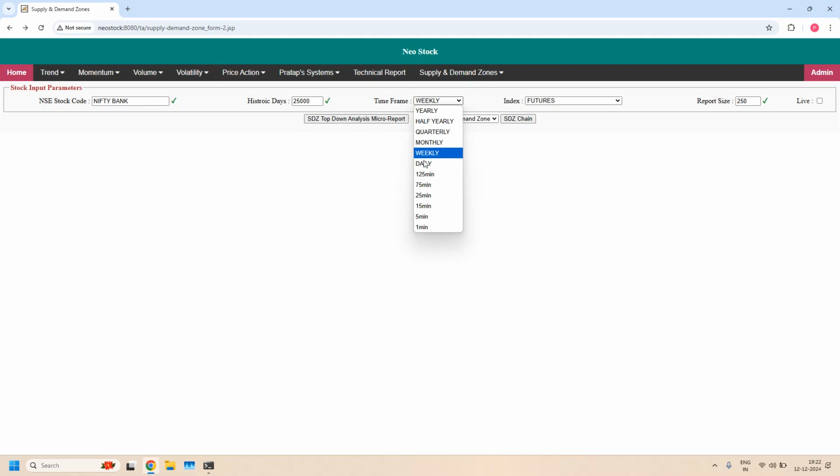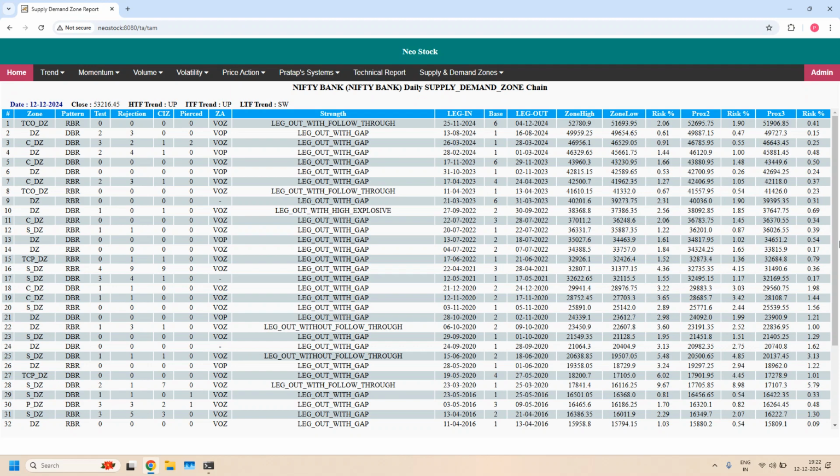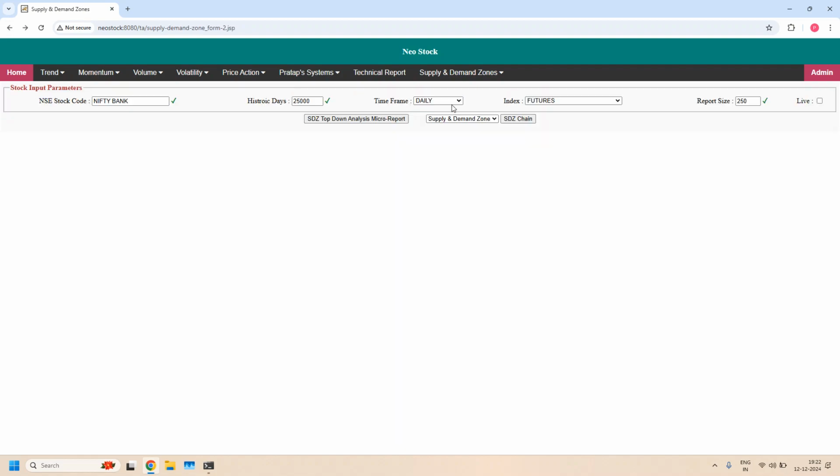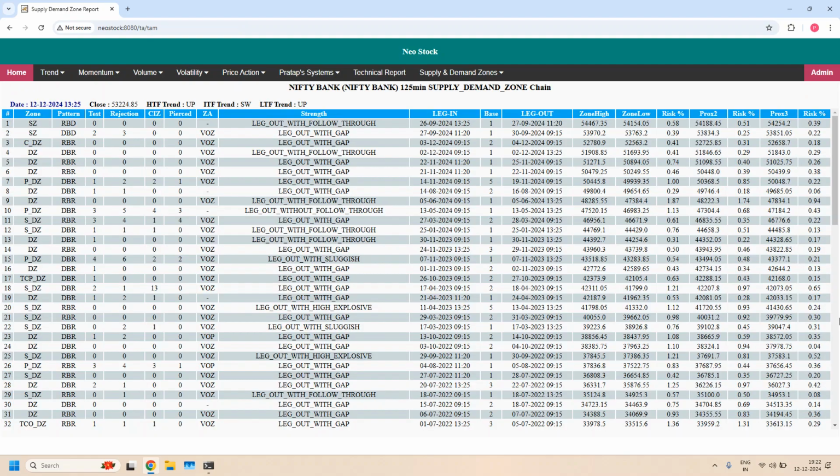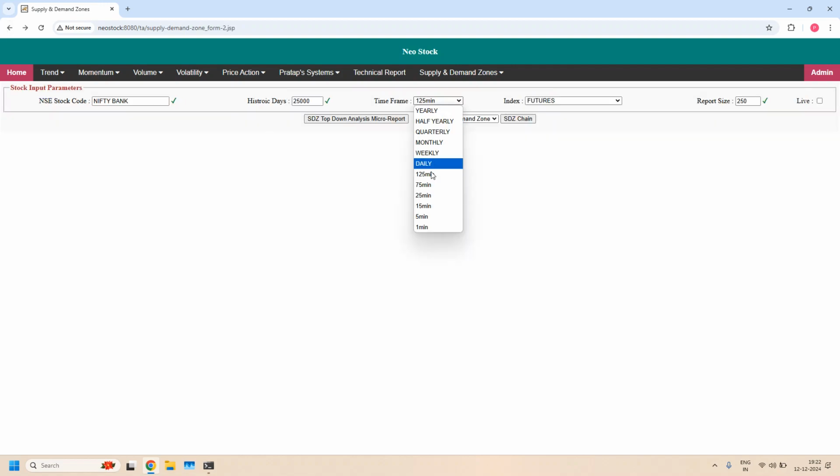Next, daily supply demand zone chain for BANKNIFTY. Next, 125 minute supply demand zone chain for BANKNIFTY. Next, 75 minute supply demand zone chain for BANKNIFTY.